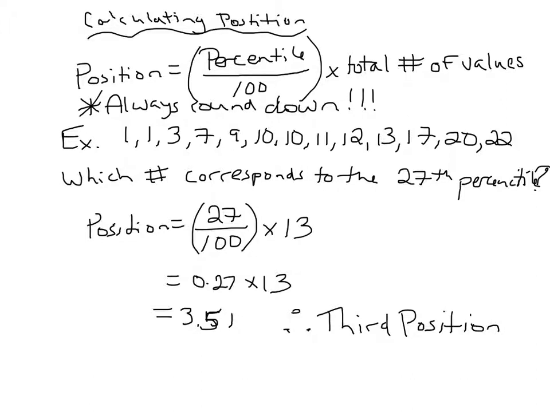That doesn't actually answer the question, because it tells you where it is, the third number, but it doesn't tell you what the number actually is. If we count 1, 2, 3, the third number is actually 3. That's a total coincidence. The position does not always equal the number that's there.